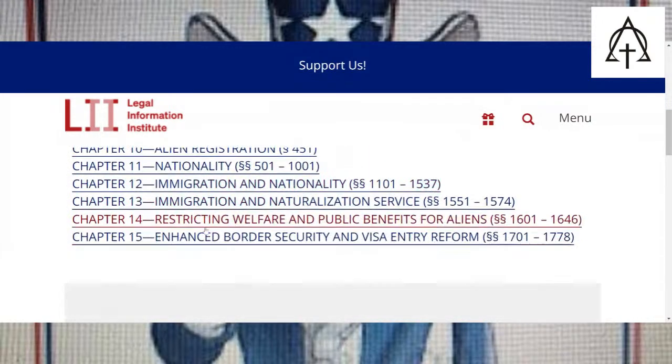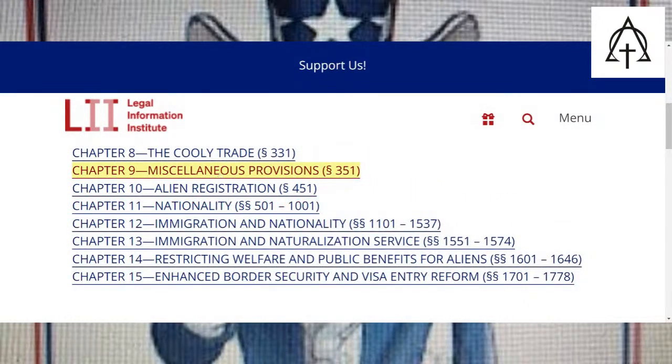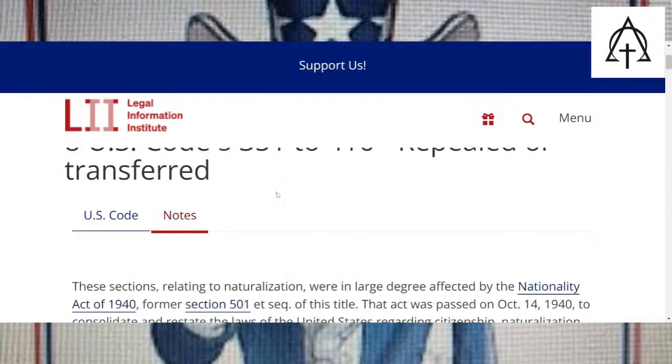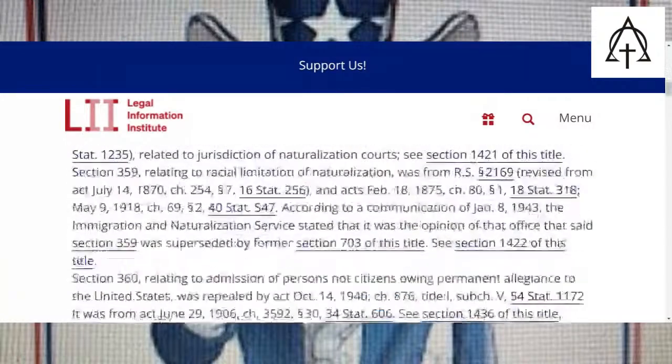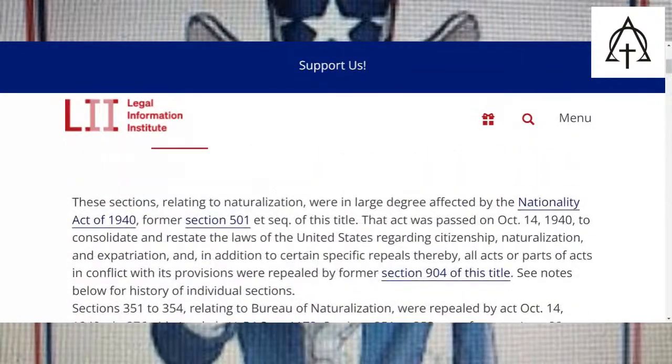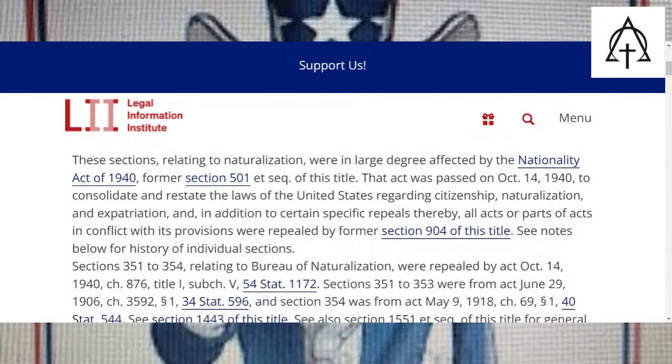Then they have miscellaneous provisions, repealed, or transferred. The sections relating to naturalization were in large degree affected by the Nationality Act of 1940, former Section 501 et seq. of this title.